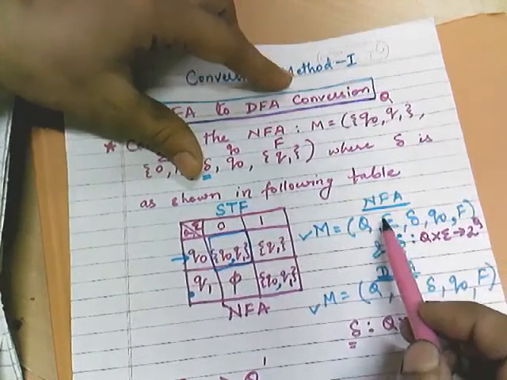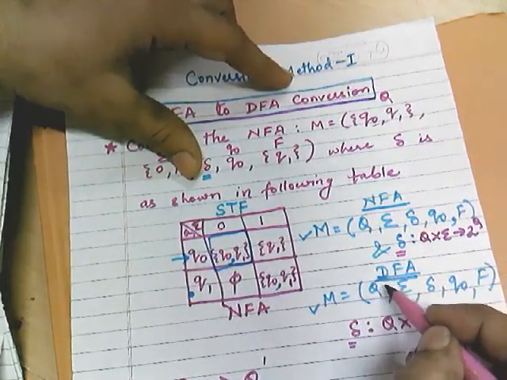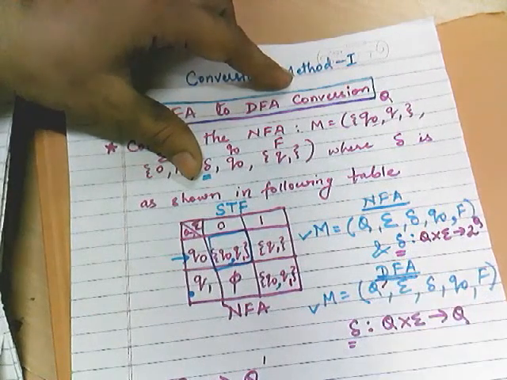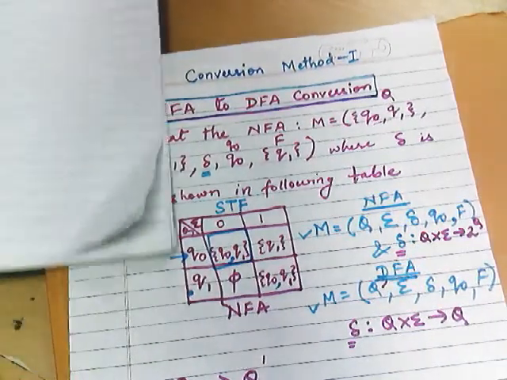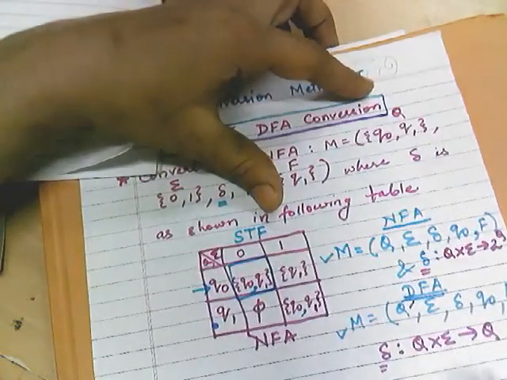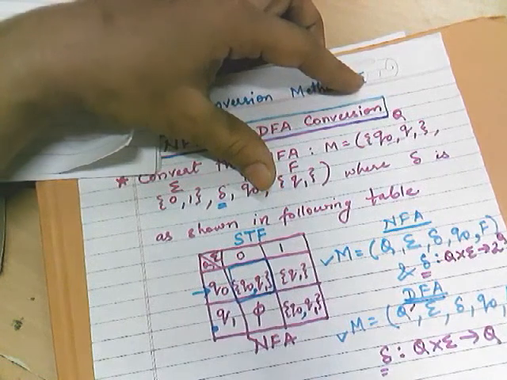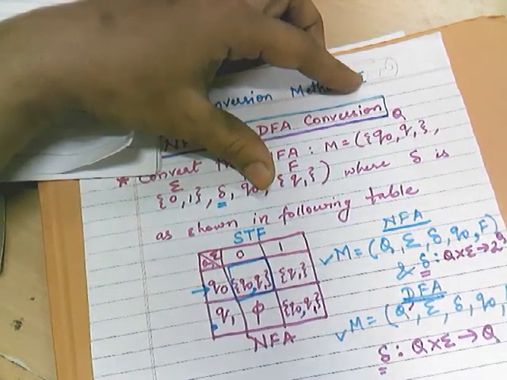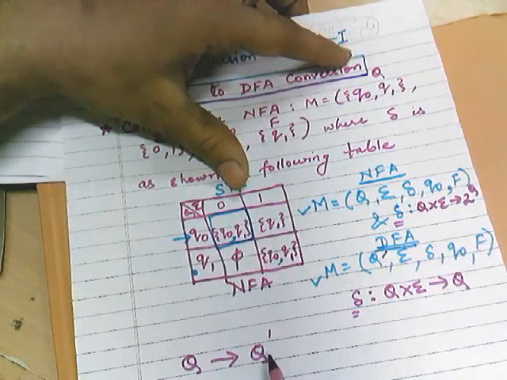Since NFA is given, the Q dash will belong to our DFA, okay. So second thing is we have also changed the number of states to which it is moving. That means number of states, so we have already considered it, Q to Q dash.